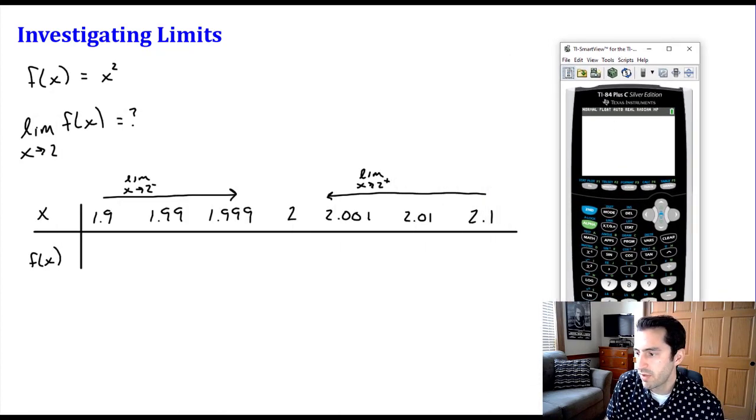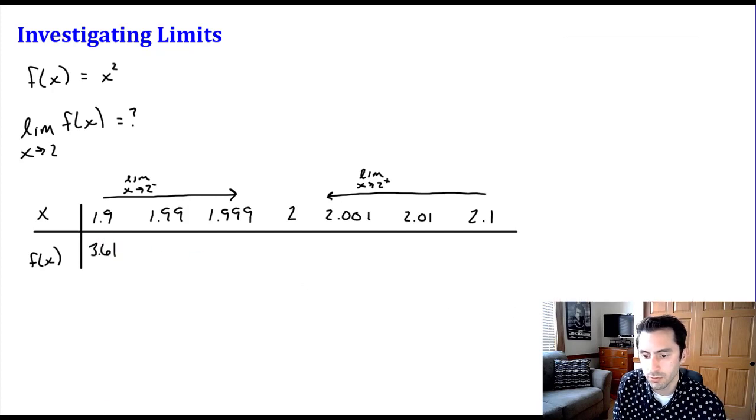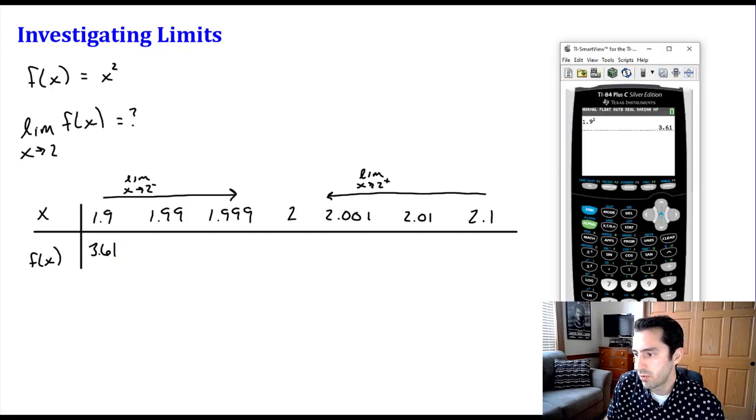So we're squaring these values. So if we do 1.9 squared, we get 3.61. And we can do 1.99 squared, and we get 3.96 about.